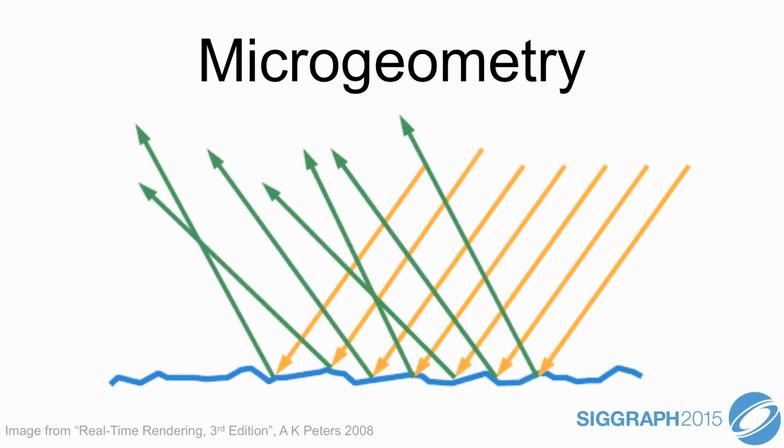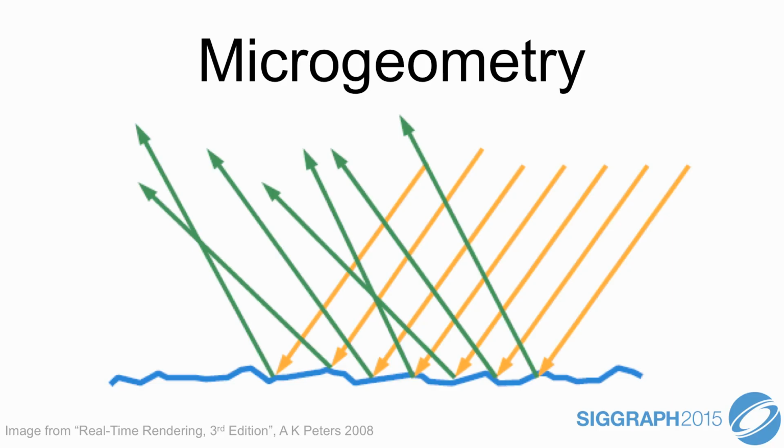Now, most real-world surfaces aren't optically smooth, but they have irregularities at a scale that's much larger than the light wavelength, but still smaller than a pixel. So we will call this microgeometry, to differentiate from the nanogeometry that was smaller than the light wavelength. And this microgeometry variation doesn't cause diffraction. What it does is simply tilt the surface in various directions.